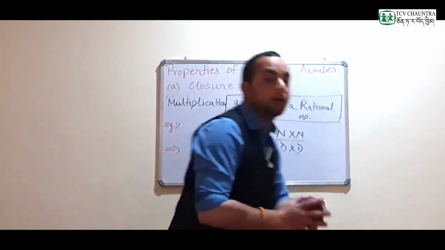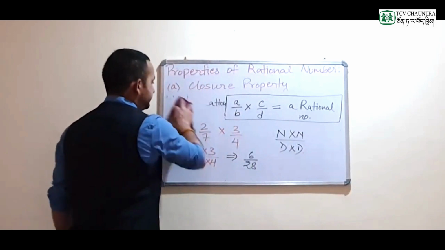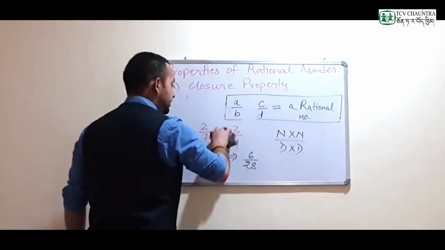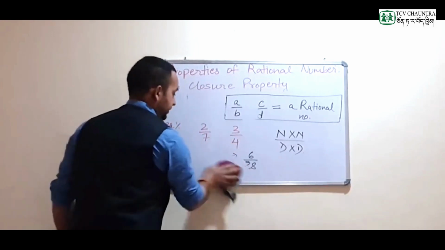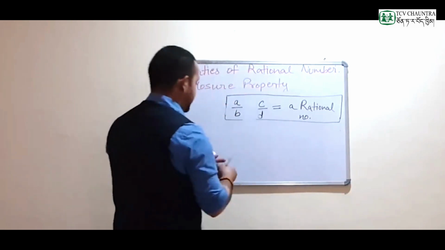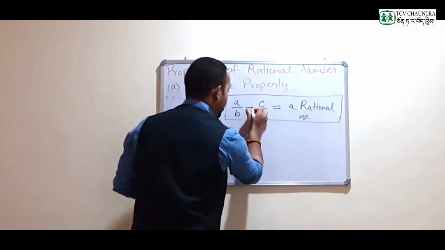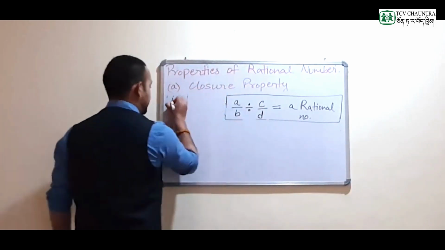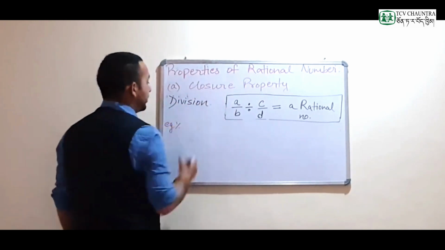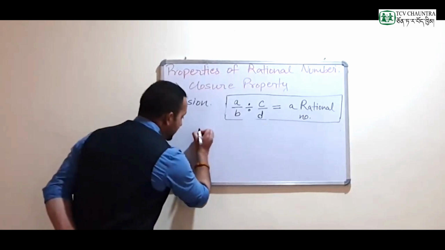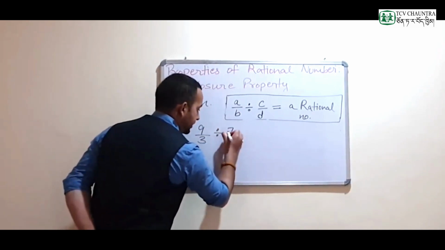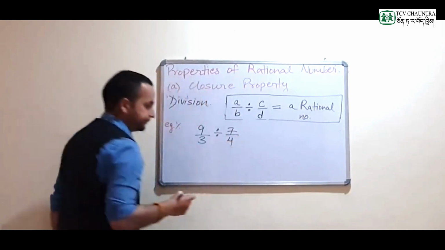Now we are going to check for division. Last operation we are going to check is division. The formula is same, but only the operation is different. Okay, now suppose I took an example 9 upon 3 divided by 7 upon 4.